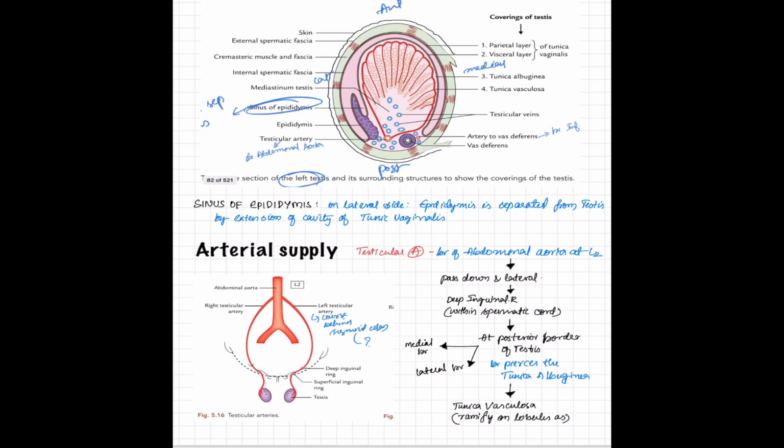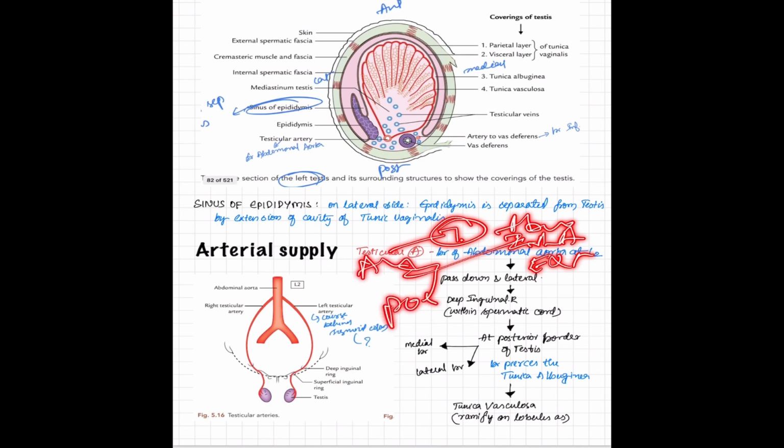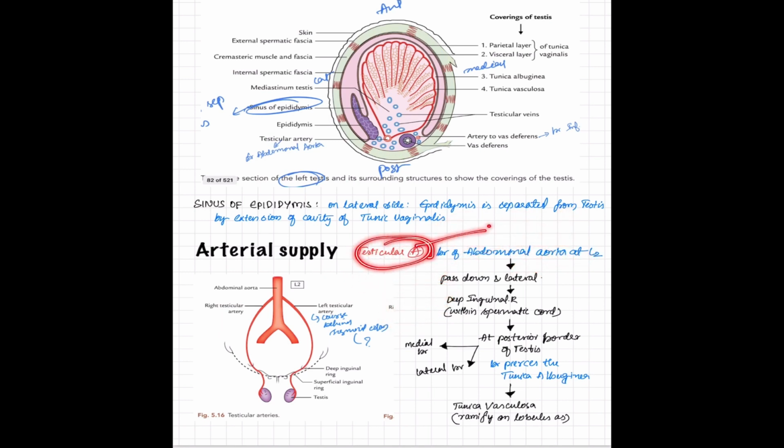So here the most important is the testicular artery. But from where does this testicular artery arise? There are many options: abdominal aorta or internal iliac artery or the external iliac artery. If internal, which anterior branch or posterior division? Which division from it is coming? So not all this. That is the question you have to get in your mind.